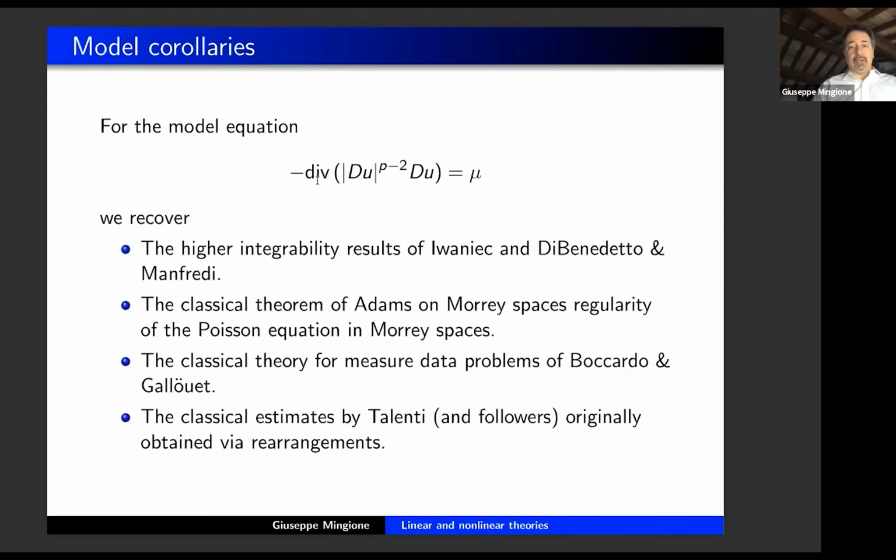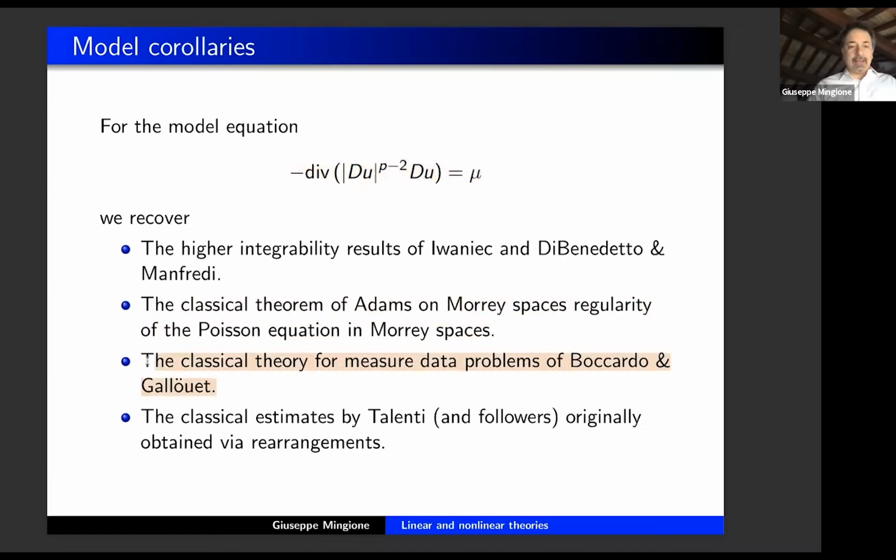For instance, just take the interior estimates for this model equation, just to stay simple. Okay, for instance, there are well-known results on the higher integrability of the gradient when mu is very good by Iwaniec and DiBenedetto-Manfredi, and they follow as a corollary. Then the classical theory of Adams on Morrey spaces then follows immediately because you are just now treating it as the Poisson equation.